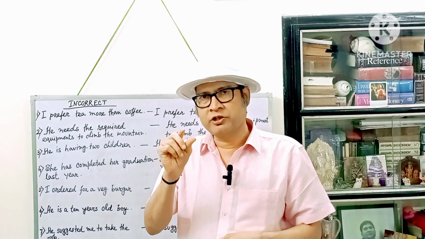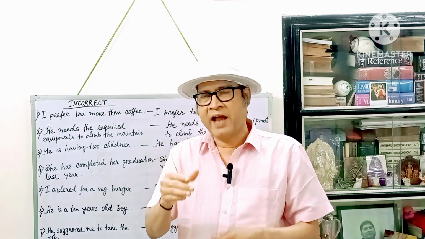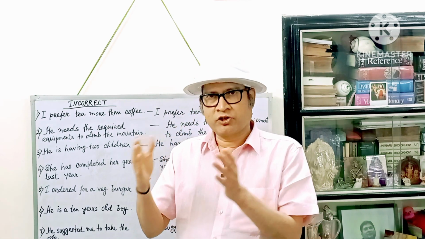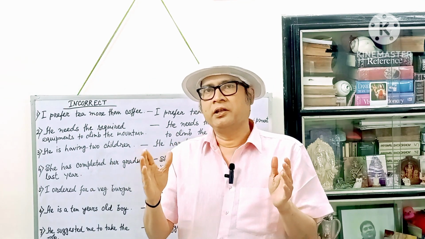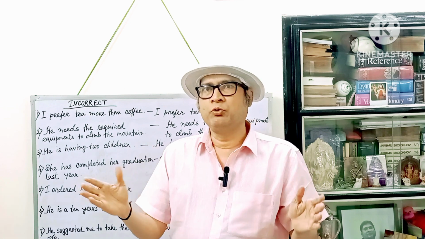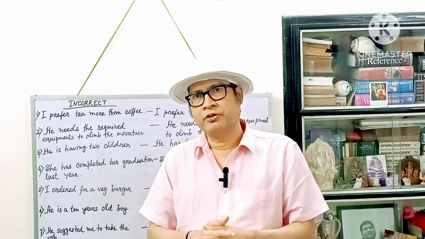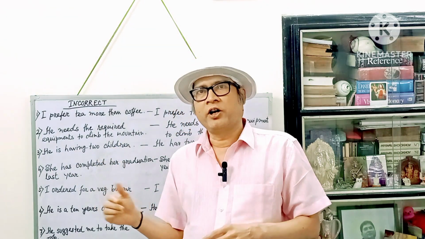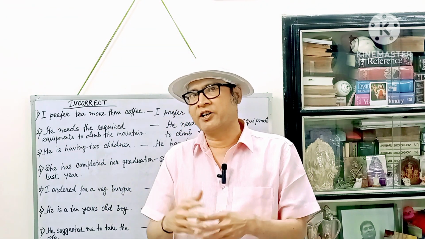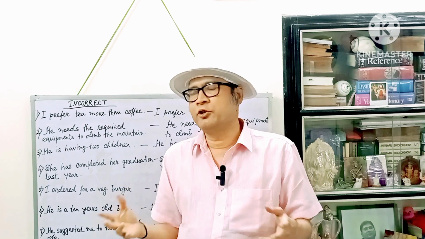When you use the word have as a synonym of possess, do not ever use this particular word in the continuous tense, in the progressive tense. So never say that he is having 2 children, or my uncle is having 3 cars, or I am having 2 cars.